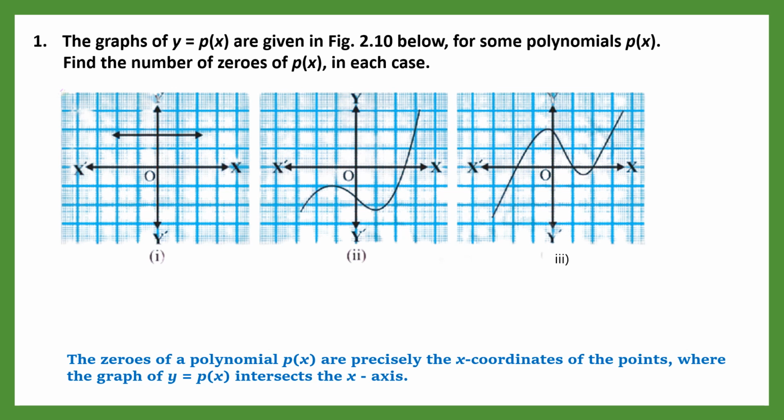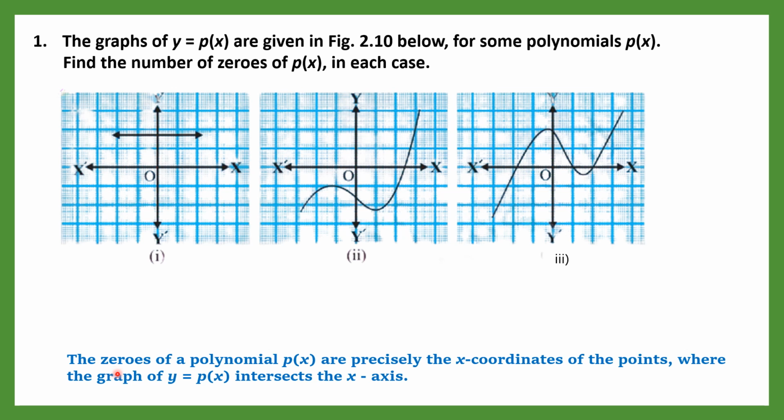The graphs of y is equal to p of x are given in figure 2.10 for some polynomials p of x. Find the number of zeros of p of x. For each graph, we should tell the number of zeros of the polynomial.